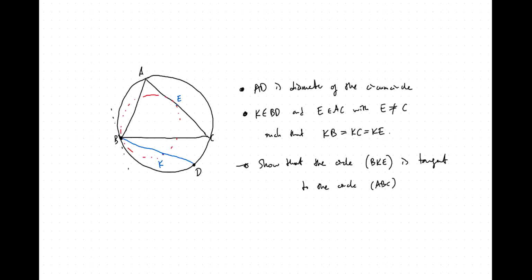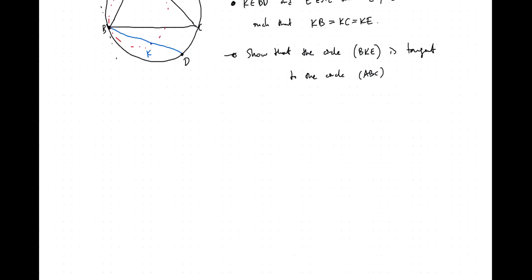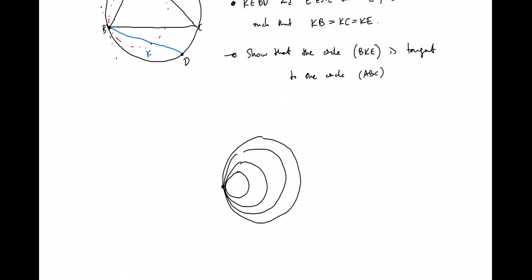So let me draw a general picture for you of circles that are tangent at a given point. When you have a circle and a point, all the circles that pass through this point and are tangent to this circle form a nice picture like this. They are all tangent to this line.